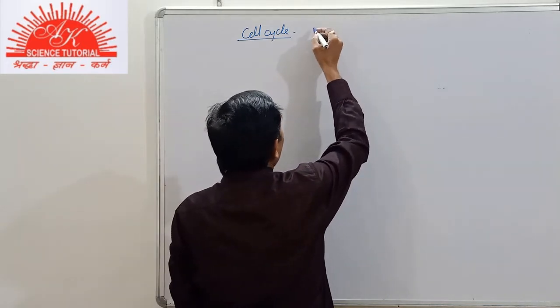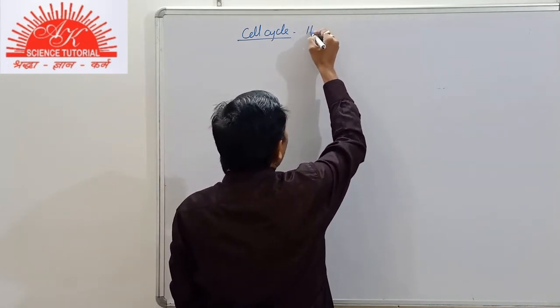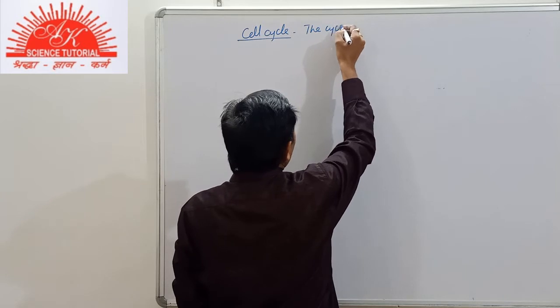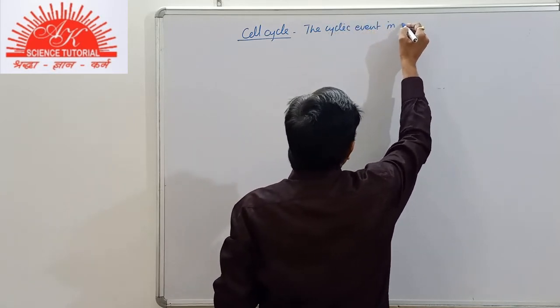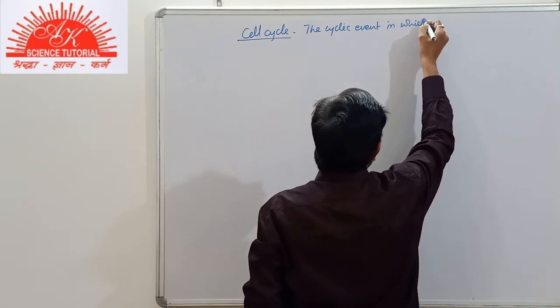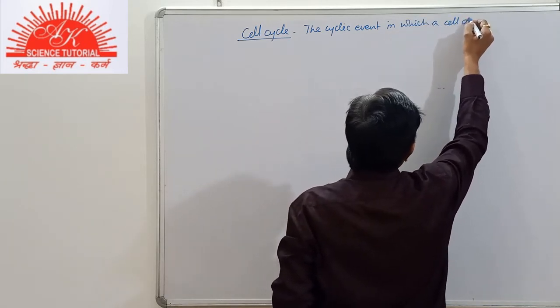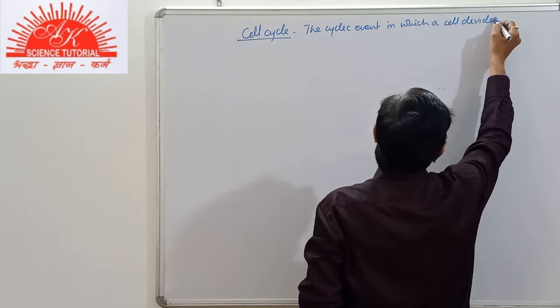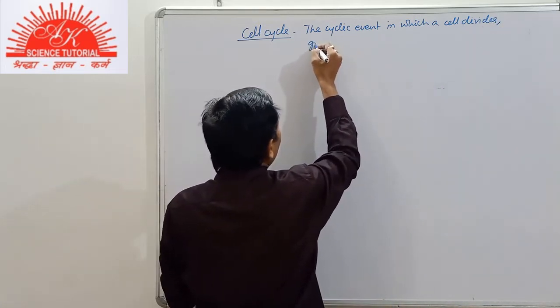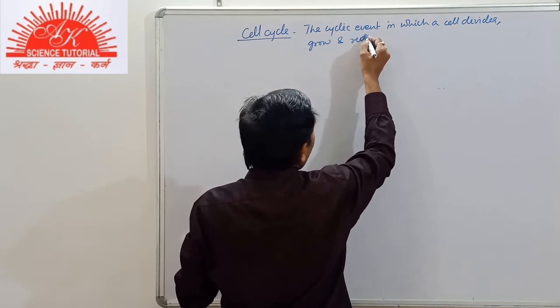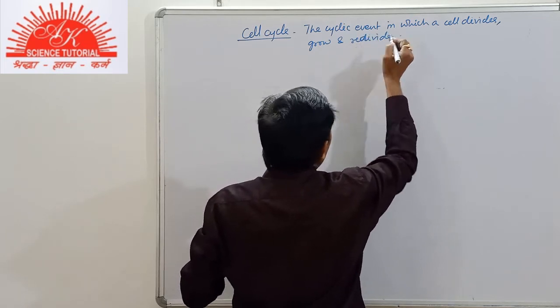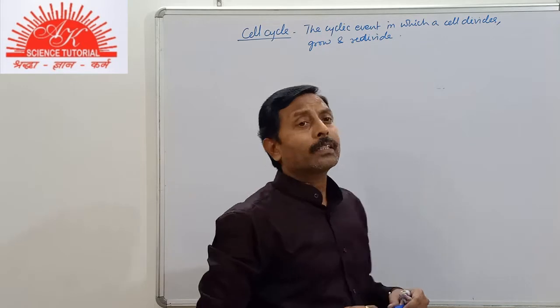So the cell cycle is the cyclic event in which a cell divides, grows and redivides.